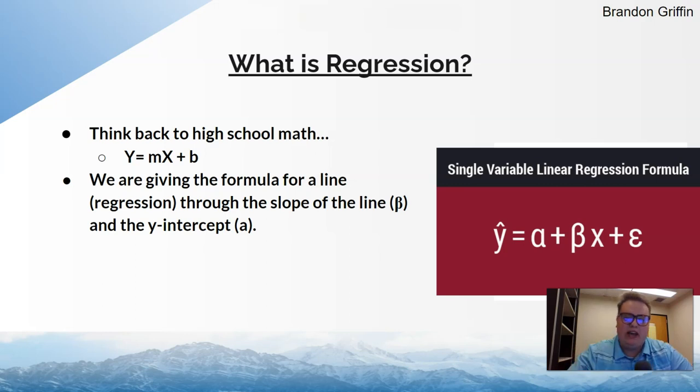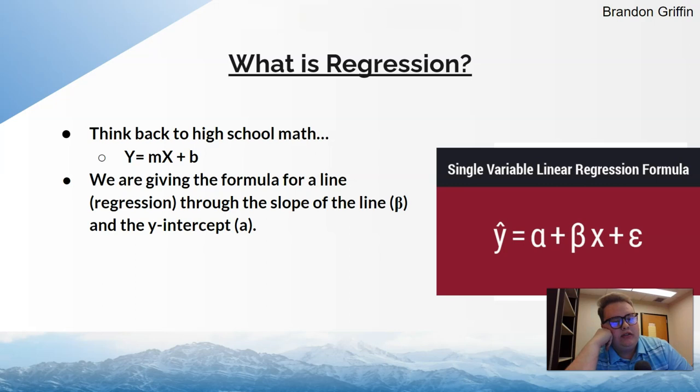And all that, the y hat, this alpha, beta, and this error term, are essentially just the statistical notation of how to write this regression equation. But to think of it simply, you can think back to your high school math class that y equals mx plus b, and that will make things a little bit easier to understand.